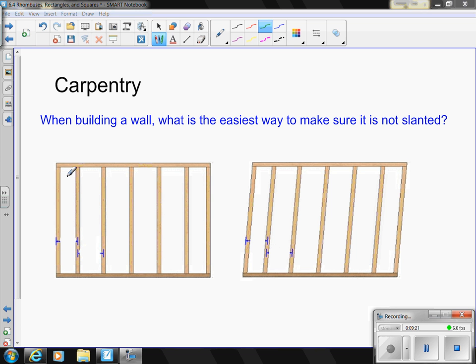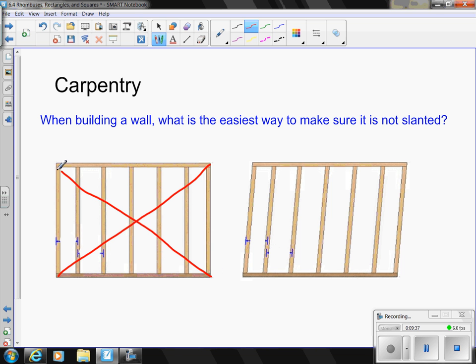And before we put them up and put plywood on the side, we'd want to make sure we straightened them out. So we would take a tape measure and measure from one corner, and somebody else would take their tape measure and measure from the other corner, and we'd make sure that those lengths were the same.